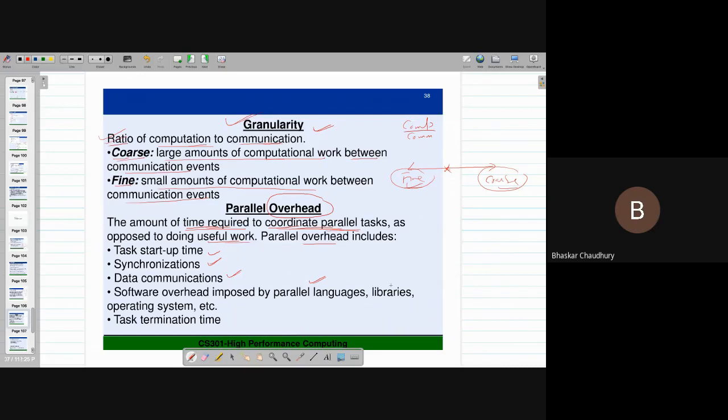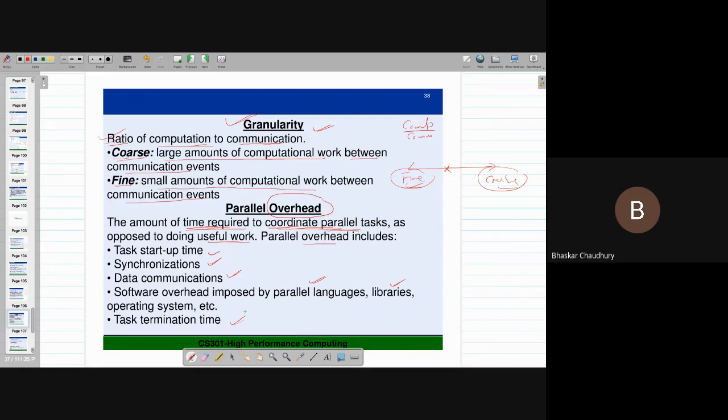You need to introduce new libraries, so you have to include some extra header files probably. And then there is task termination. Finally you have to kill all the tasks or threads, terminating whatever threads you have introduced into your code.